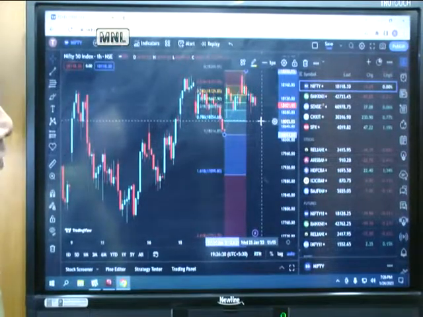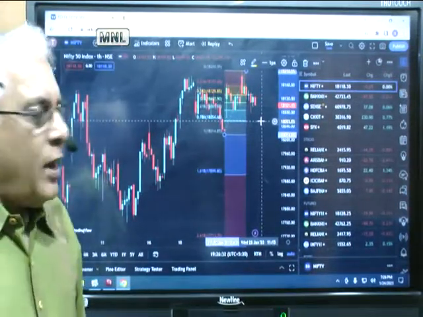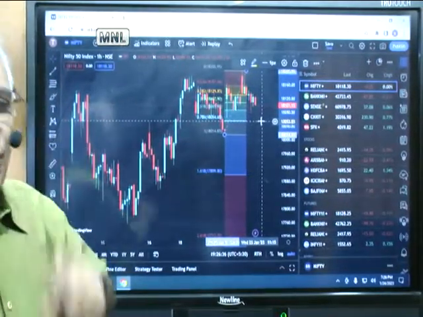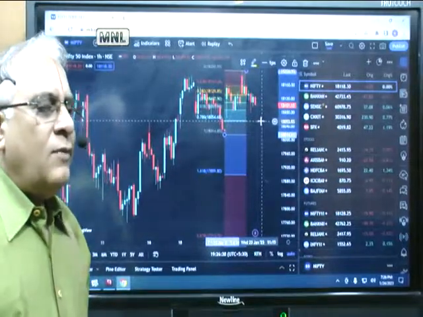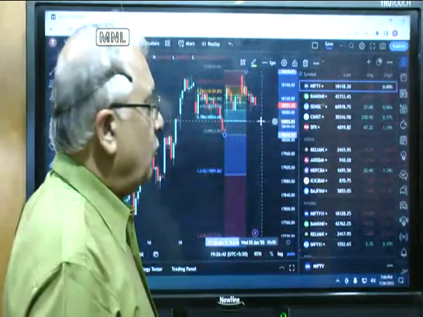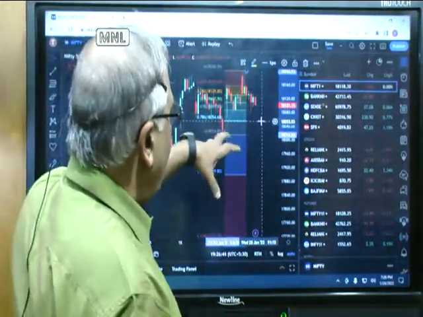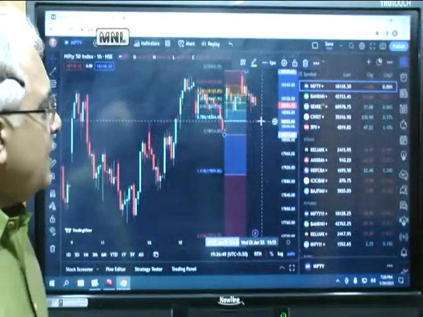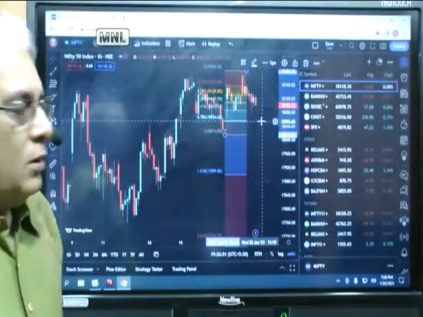So this is what we said. This is an important support. So 18,050 is one important support. That means we are not even waiting for 18,005, and S1 is also coming closer to 18,050. Combined, based on this, we are looking at something like 18,055 as the support level for tomorrow.